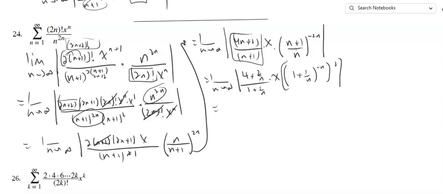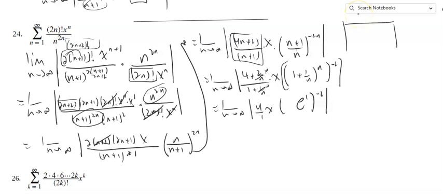To save time, only in this chapter, chapter 6, I could say this is e to the 1 to the negative 2. So here I could say in this section only, the limit as n approaches infinity of 1 plus a over n to the n is e to the a. In other sections, you have to show that using L'Hopital.